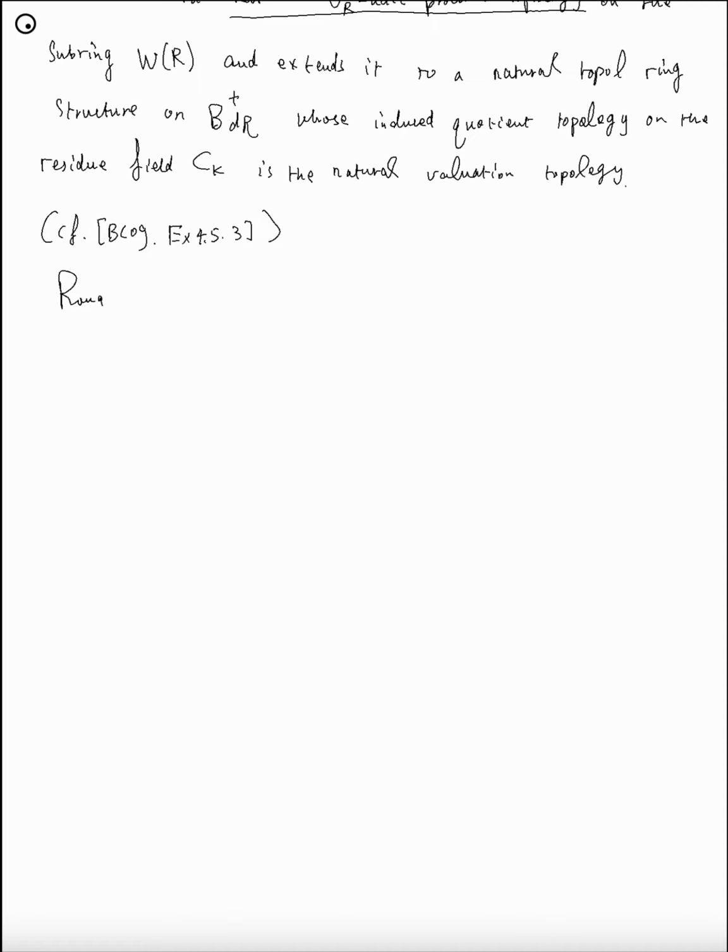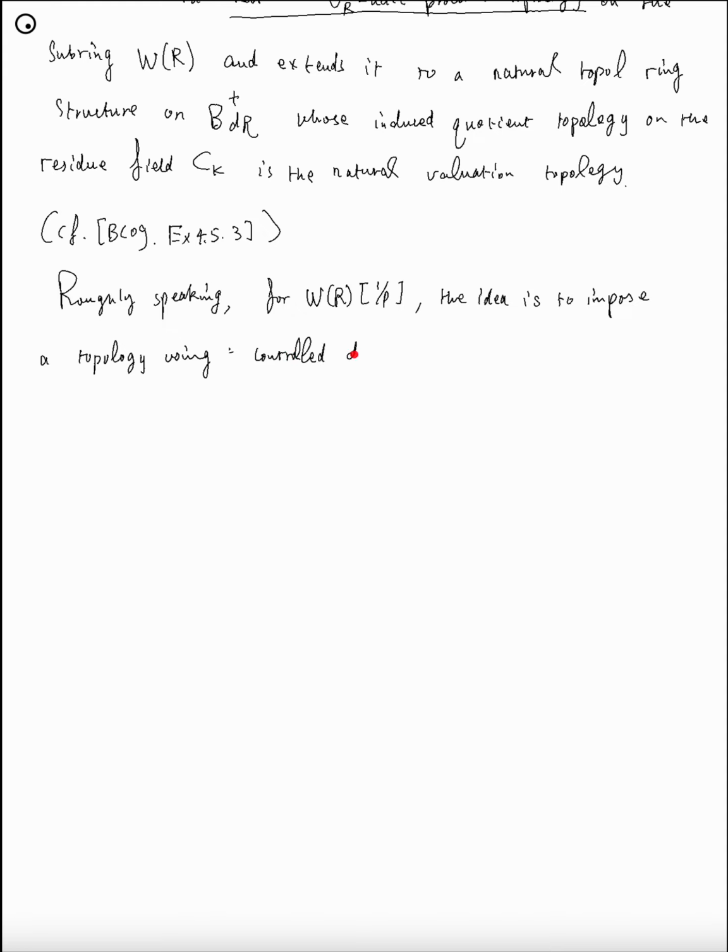So roughly speaking, for this ring, the idea is to impose a topology using controlled decay of coefficients of Laurent series in P.